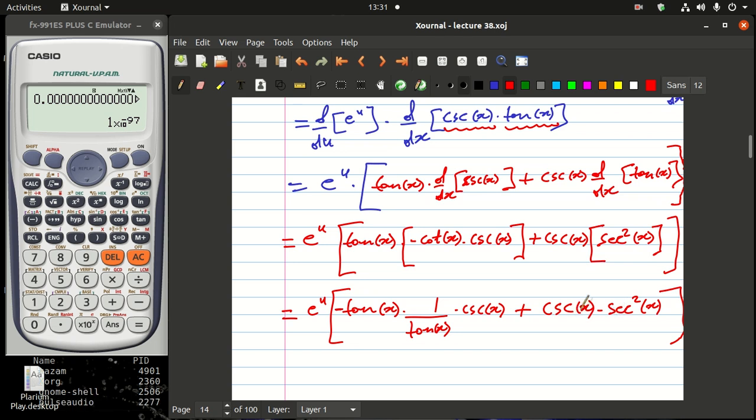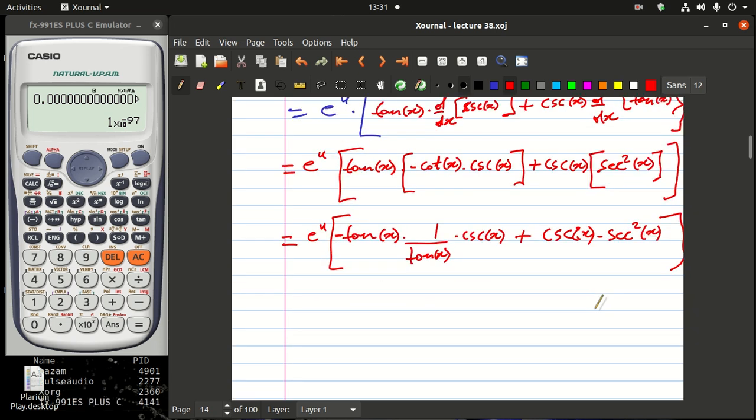And then if you look here at cosec of x, let me leave this as it is for now. I will deal with it at a later stage. Here we're still going to end up having e to the power u, and then I have a minus as it is, and then tan and tan will cancel out, and now I have minus cosec of x, and then I will end up having a plus, right?